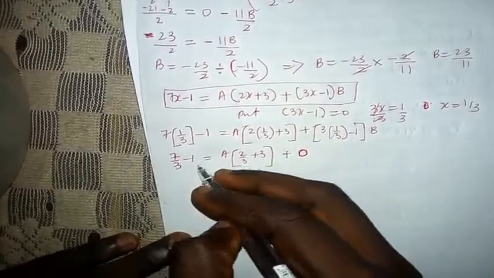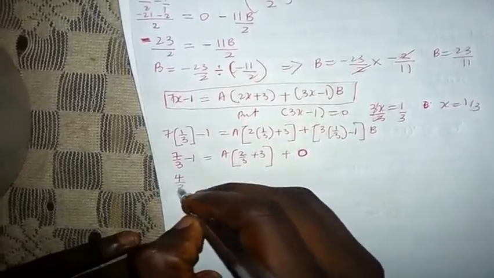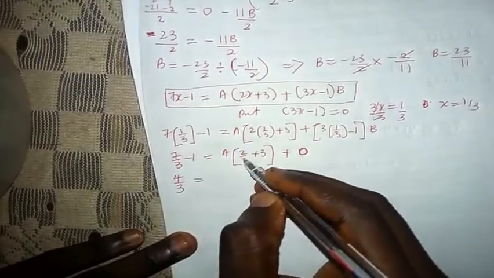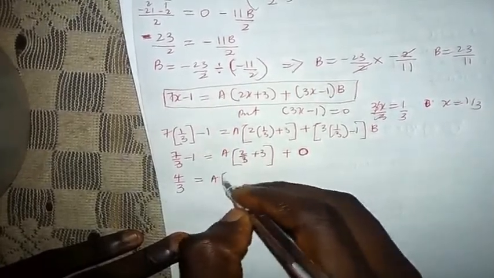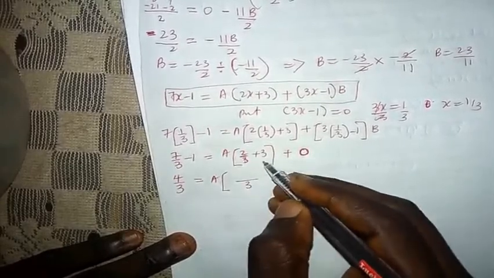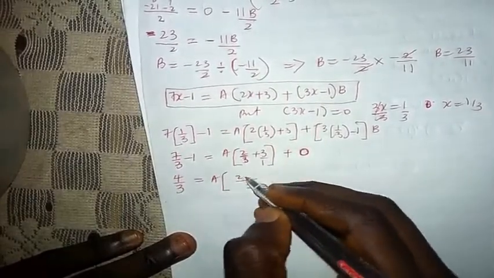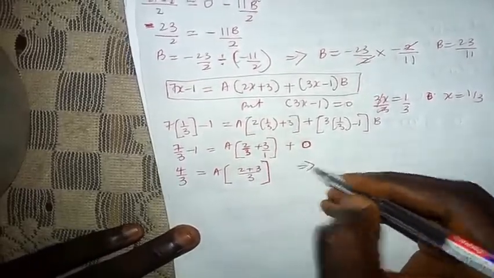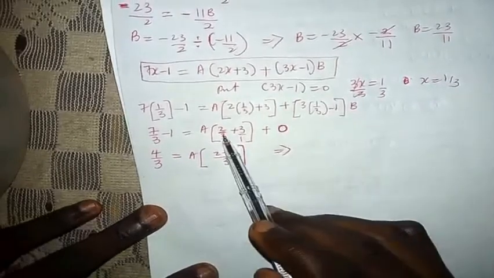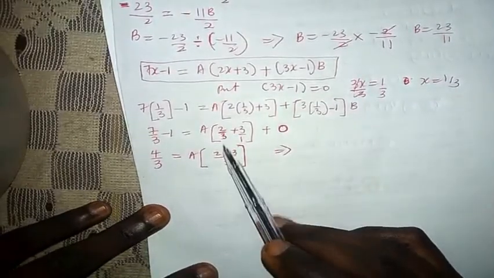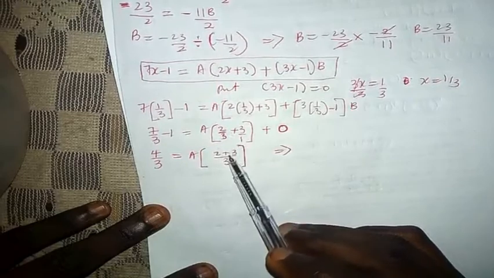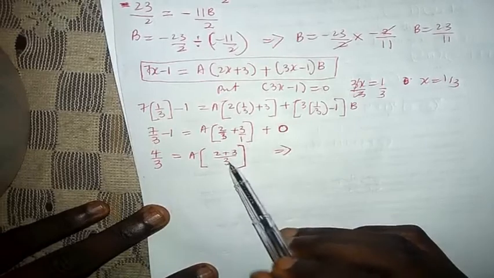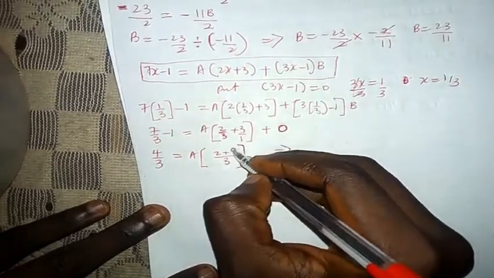So 7 over 3 minus 1, that's 4 over 3, is equal to a into, find the LCM. Is it 5 over 3? 3 here, 1 times 2, 3 here, 3 times 3. No, it's not 5. 3 times 3 is 9, not 5. I'm sorry, 9.